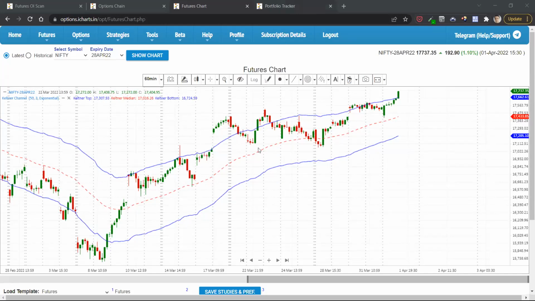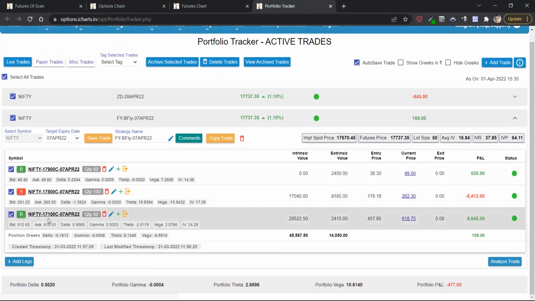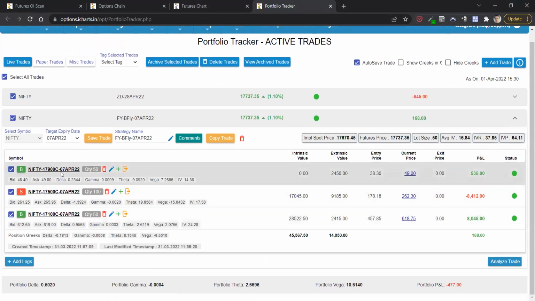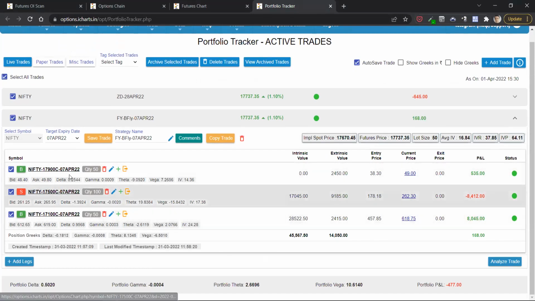So, for example, if you have this butterfly, a bullish butterfly at 17.1, 17.5, 17.9, and you want to tilt it because the market is bullish.